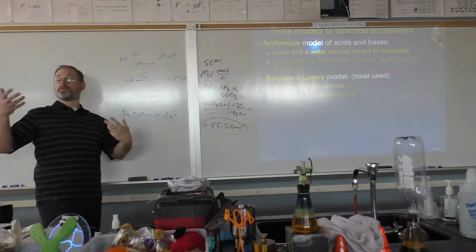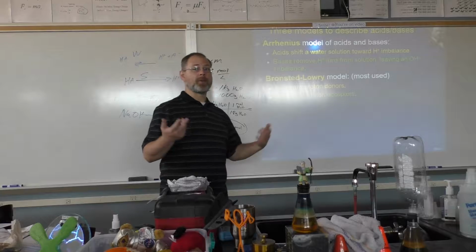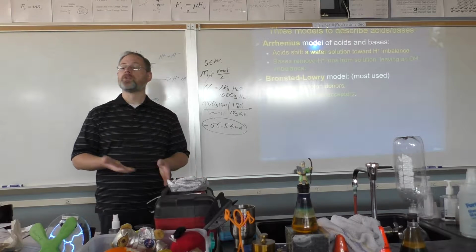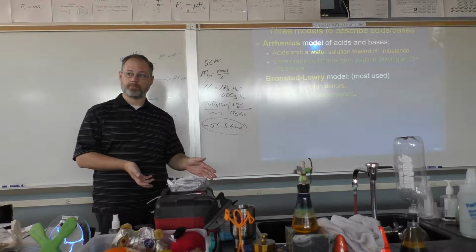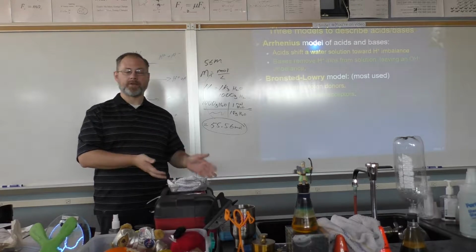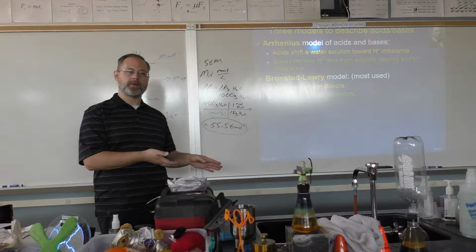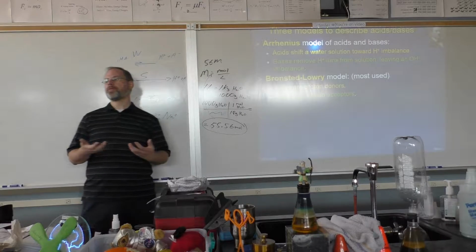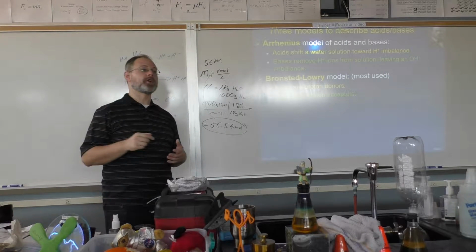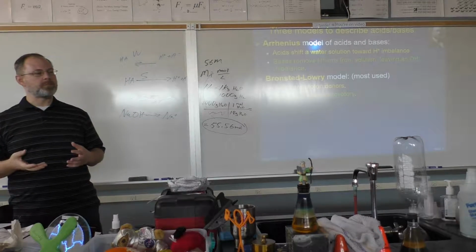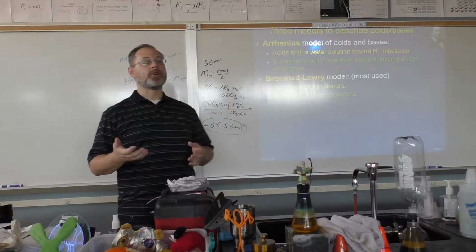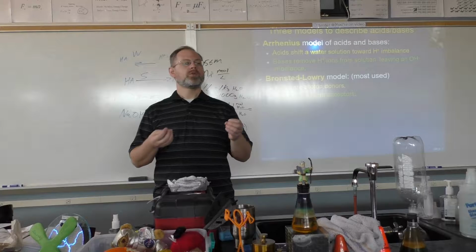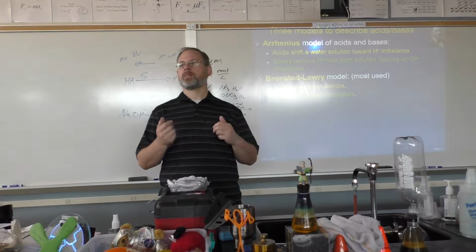Now, that's for strongs. For weaks, you probably figured it out, a stronger weak acid produces a weaker conjugate base, and a weaker weak acid makes a stronger conjugate base. If you have a pretty robust weak acid, like hydrofluoric acid, which is a pretty beefy weak acid, still weak, its conjugate base, F minus, would be a weak conjugate base.